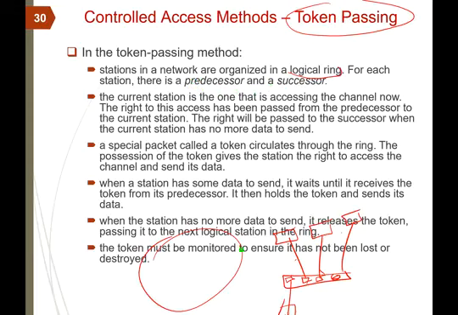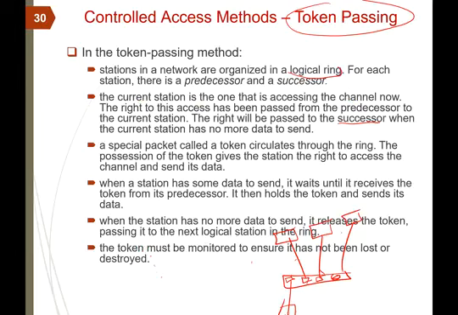For example, for station A, the predecessor is, for example, C. If the token passing goes this way, C comes before A, and B comes after A. So the successor of A is B. Of course it can go the other way also, it depends. So each station will have a successor and predecessor.